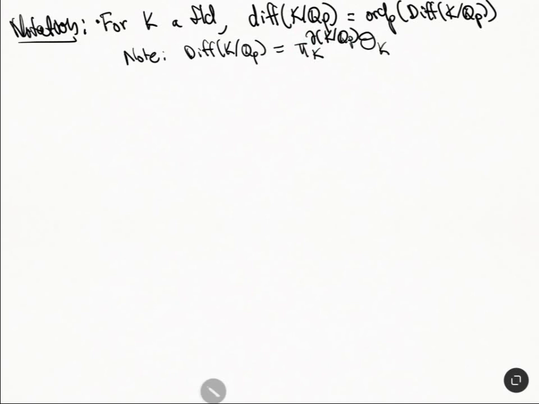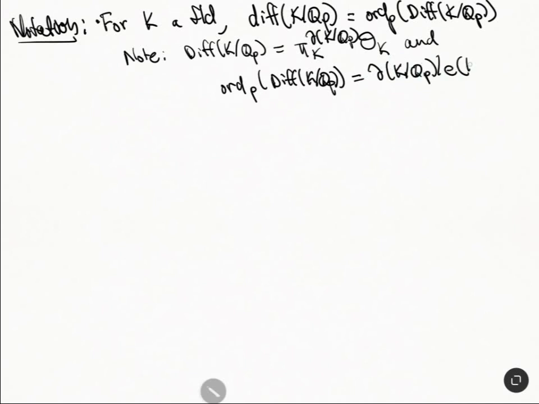The ord p of this different of K over Qp is an integer, this different exponent divided by the ramification degree.